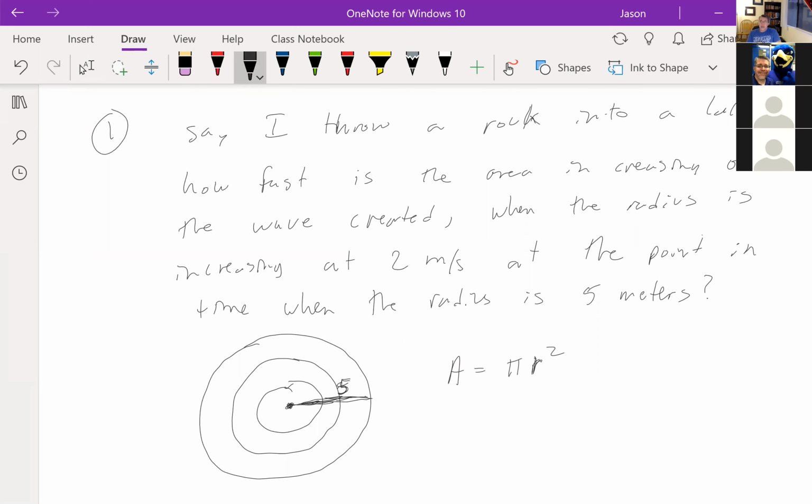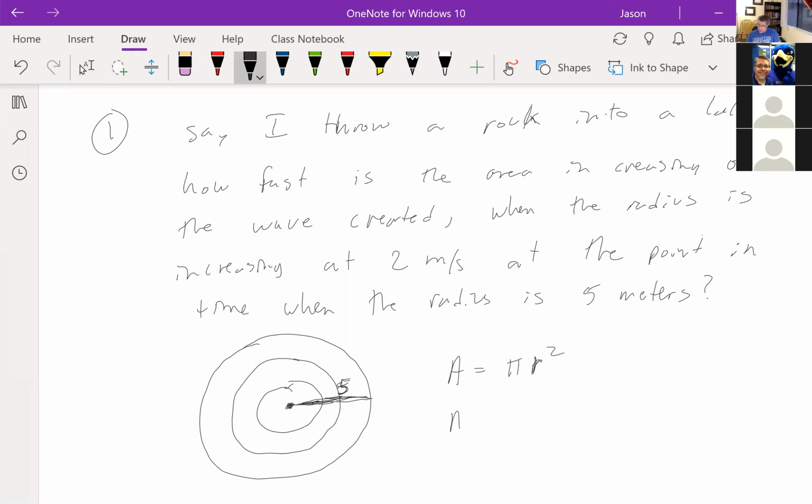Now, if I just wanted to find how fast the area is changing with respect to the radius, then that's fine. I would just do a simple derivative.